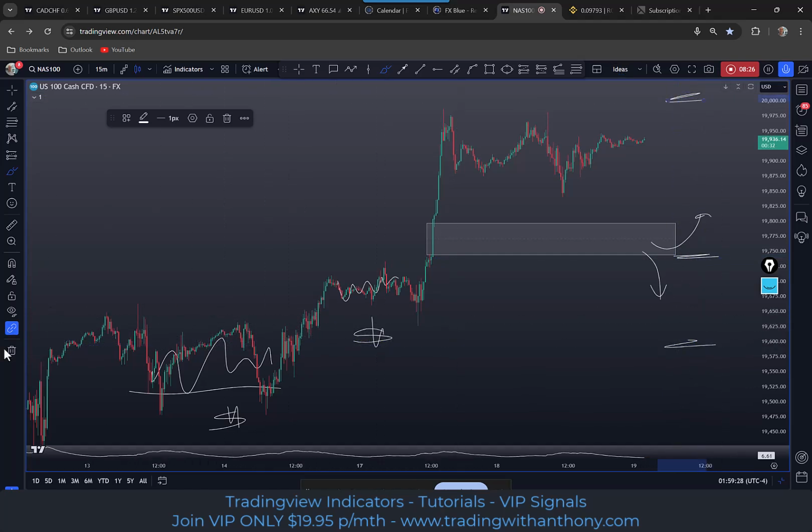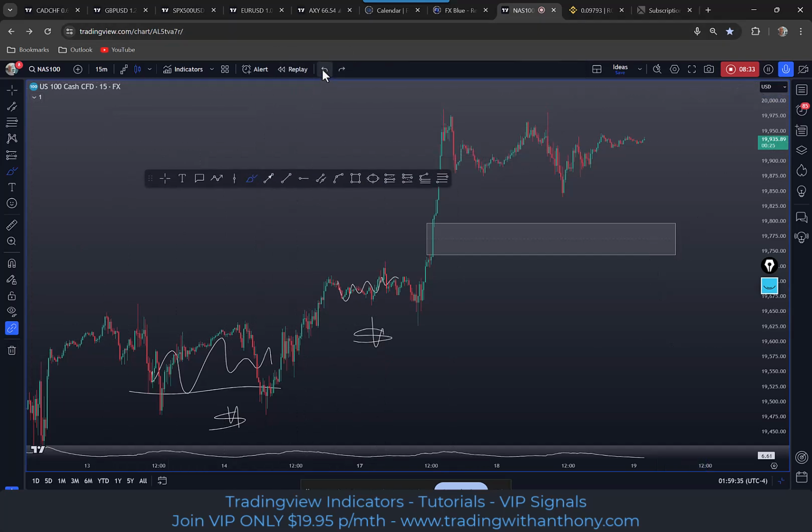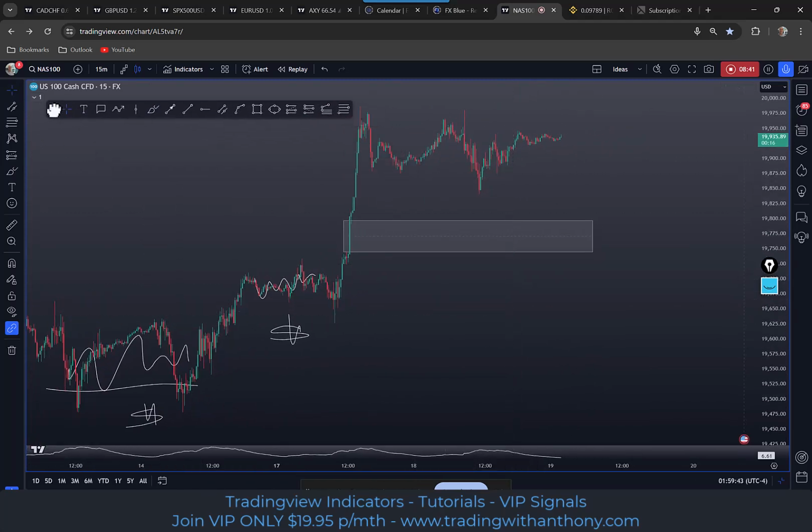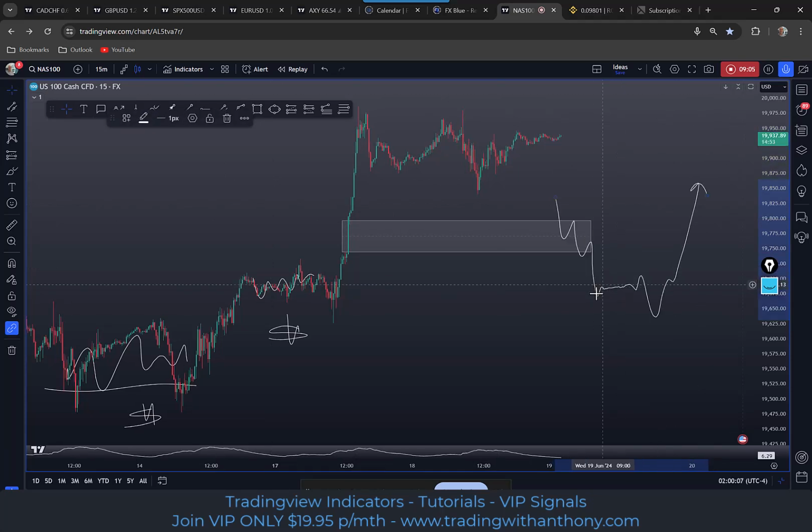But here's the thing. Let me just delete those couple of things here. If you're in front of the chart, you want to watch this into the London Open or the New York Open. And I'm going to be waiting for price. So I'm just going to pull my thing across here and mark this up for you. Right. It's either going to do it here through the imbalance, or we come back down in here.